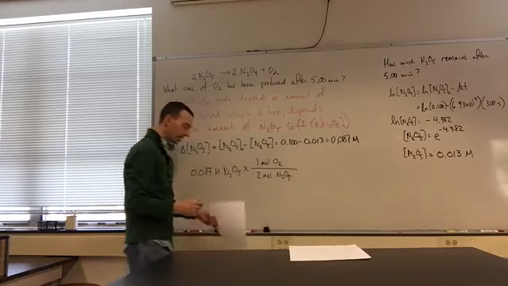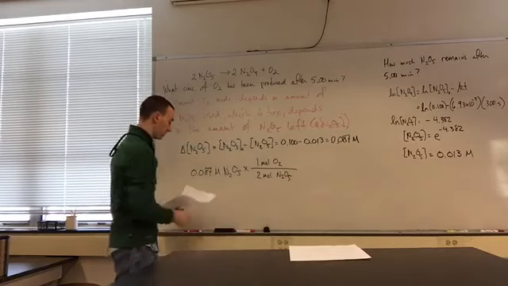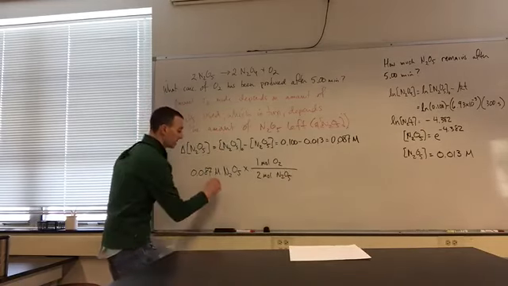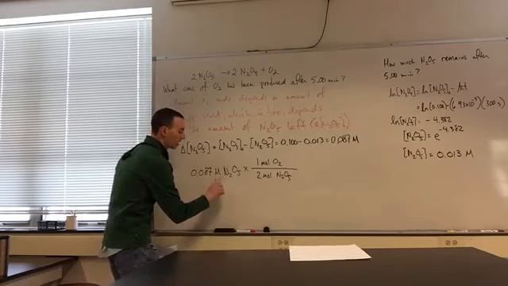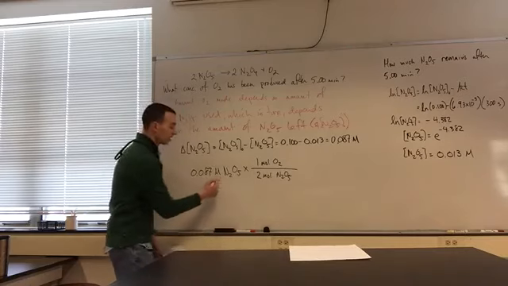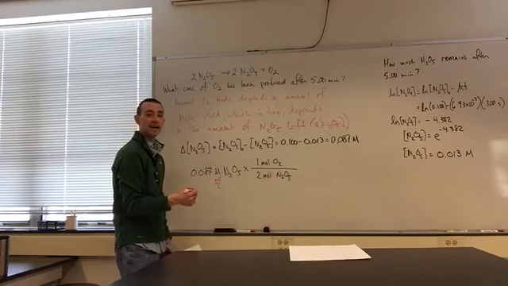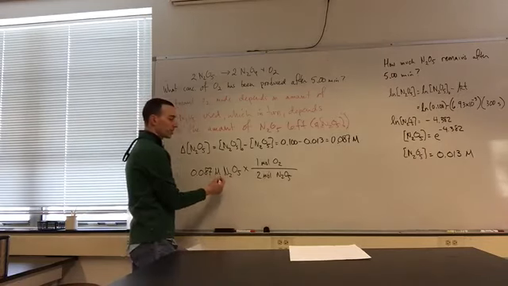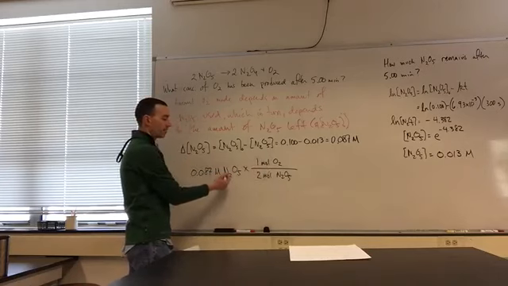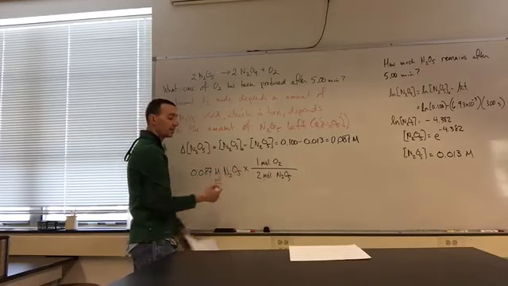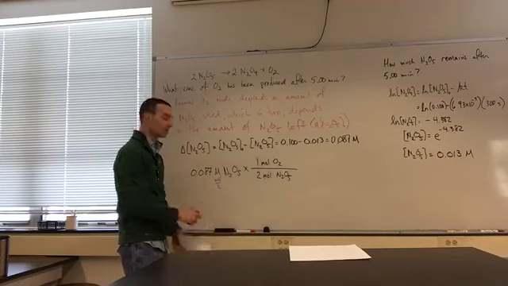Now those units might not look like they make sense for us, but what's really happening here is molar is moles per liter. So the mole part of N2O5 is canceling out, and the moles of N2O5 are being replaced by moles of oxygen, and you'll still end up with moles per liter.